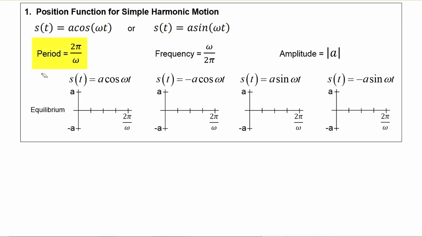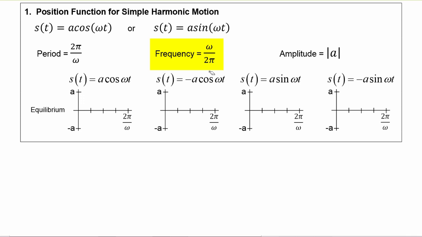So the period will be 2 pi divided by omega, because remember, the omega is acting like b, and since these are cosines or sines, we know the normal period is 2 pi. Now we have a new concept called frequency, and frequency is just omega divided by 2 pi.